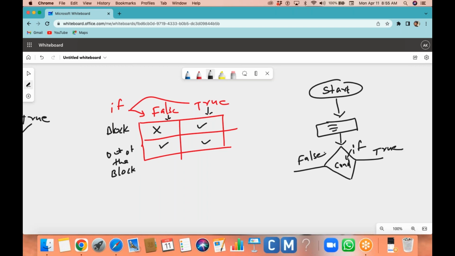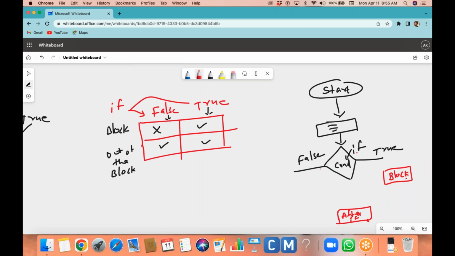Let me consider we have some statements out of that particular block, after the if block. And here we have some statements inside of the if block. The block of statements here are inside of the if, and these are outside of the block.